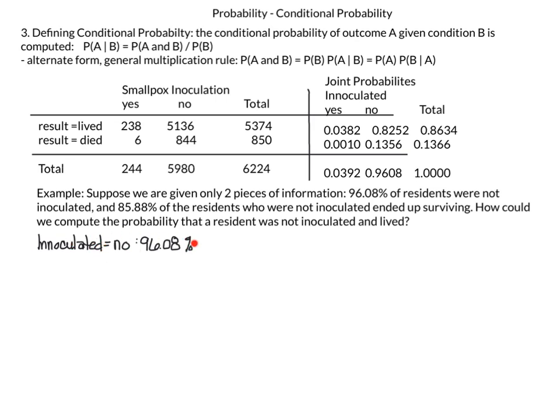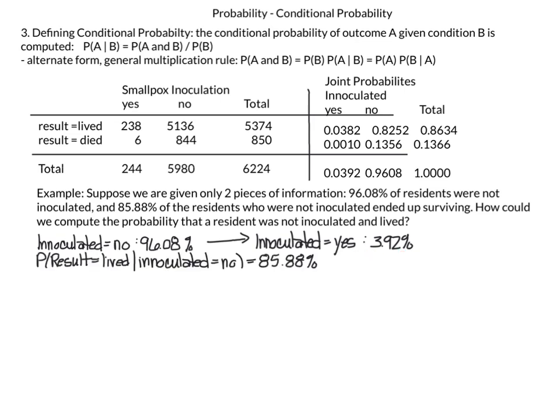There is one other piece of information we can calculate based on this. That means that 100 minus 96.08 are the number of people who chose to get inoculated. That's 3.92.